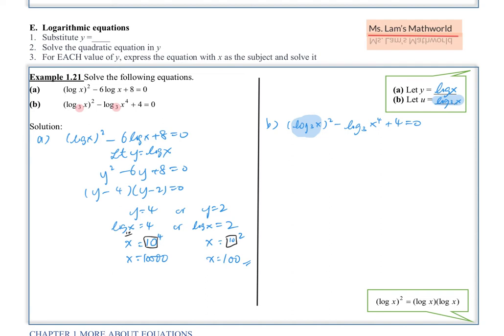The solution is to put the power outside the log, right? As we know, we can take the power out of the log. So put the 4 outside the log.